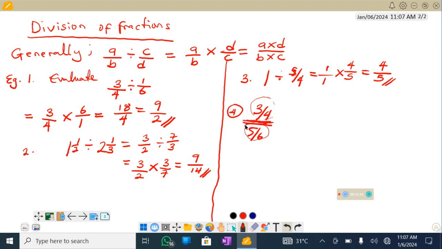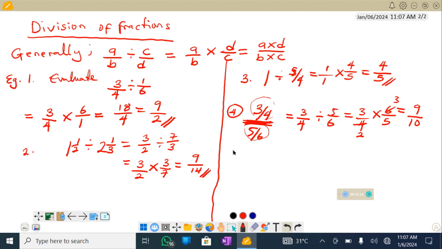Division. That will give you 3 over 4 divided by 5 over 6. So that will give you 3 over 4 times 6 over 5. 2 can go here, 2 can go here, 3. So that will give us 9 over 10.